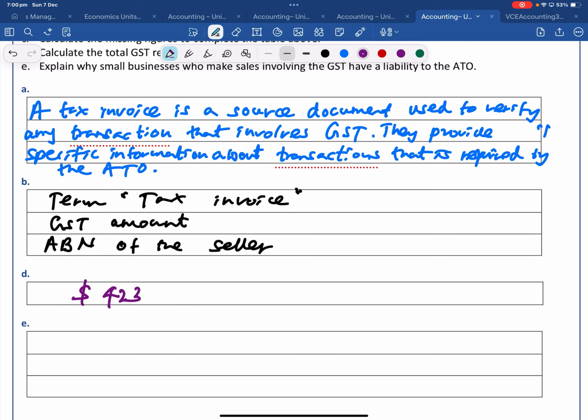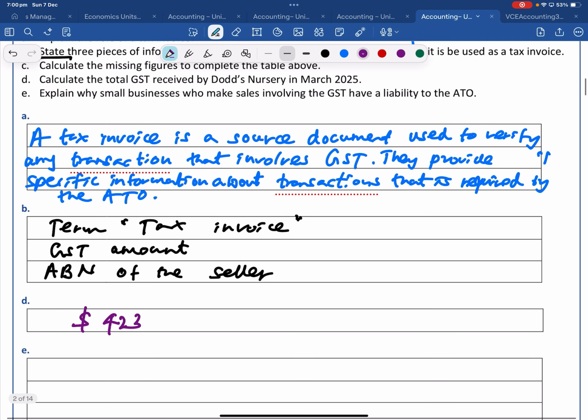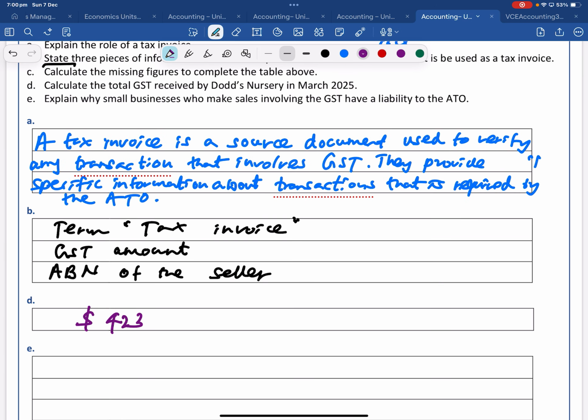Okay, guys. Explain why small businesses who make sales involving GST have a liability to the ATO. So not only small businesses, any business, small, medium, large scale, can have.